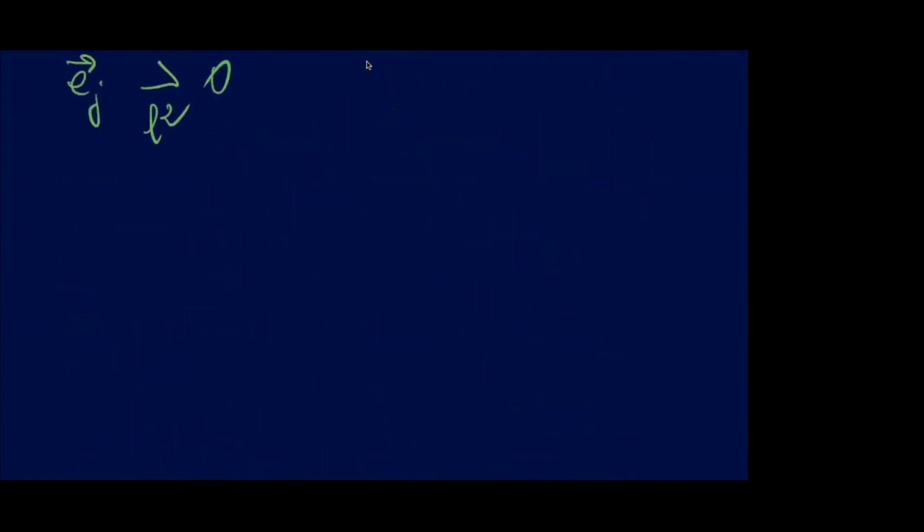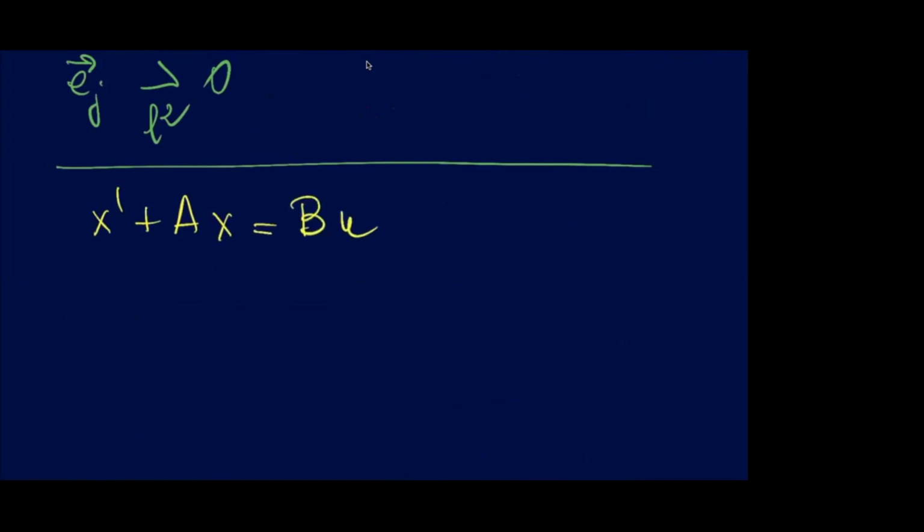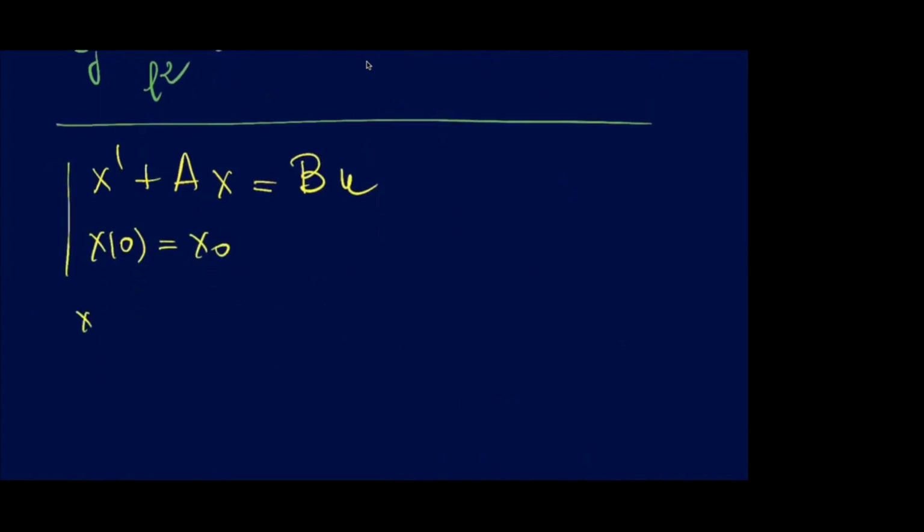Okay, so this is the Hilbert space. Then I could say, okay, then in little L2, let me write this system, right? I could consider this system in little L2. Now x0 is in little L2, x is in little L2. A is now a bounded operator from little L2 to little L2.